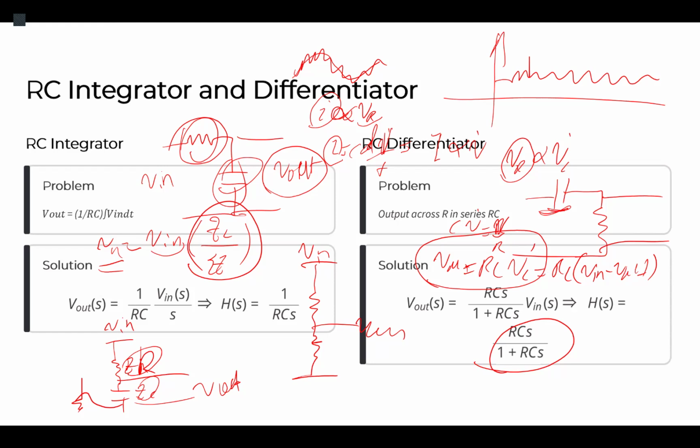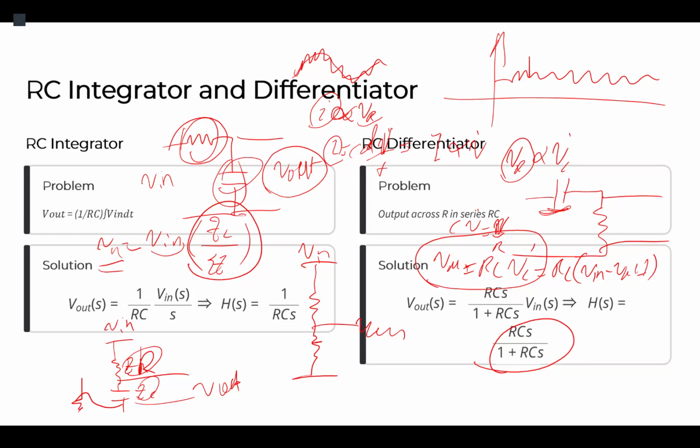Okay, now why am I mentioning the integrator and differentiator? Because if later on you want to design a PID controller, now you know how to design a passive integral part and the differential part of that PID. Make sense?